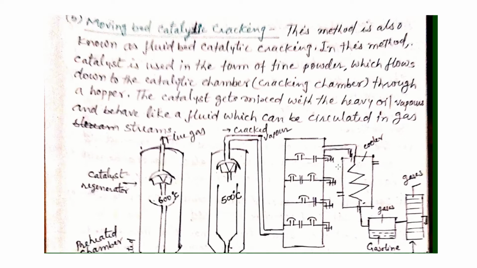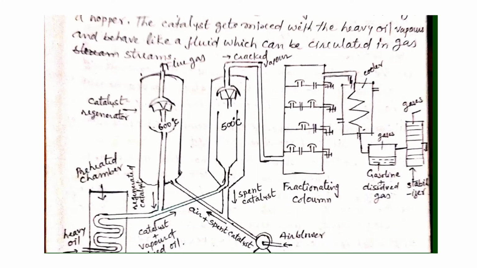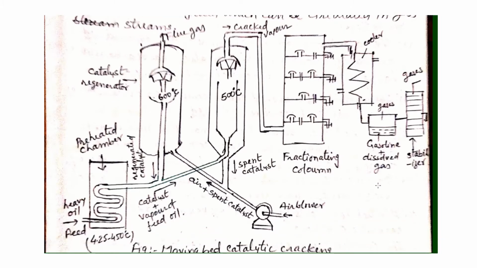So what is happening here? As you can see in this diagram, this is a slightly improved diagram in comparison to fixed bed catalytic cracking. This part is the same, only this part is changed. Here we have two chambers, while in fixed bed catalytic cracking we have one chamber where we put catalyst on a fixed bed.